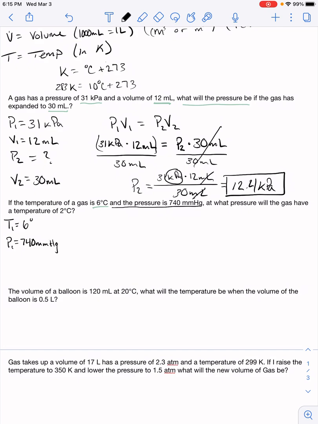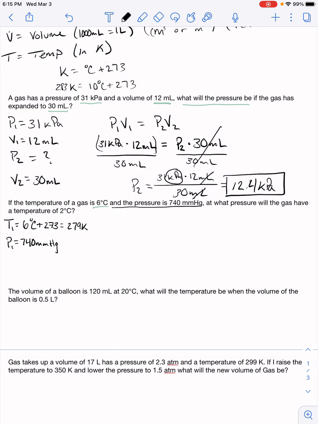Now, remember that temperatures need to be in Kelvin. So every time that we list out a variable, we should just automatically add 273 to it. And the reason that it needs to be in Kelvin is because Kelvin does not have a negative scale. The lowest number is 0 Kelvin, which is absolute zero.